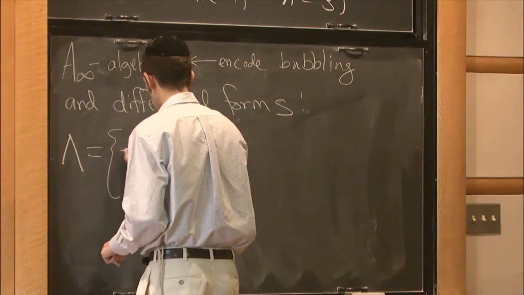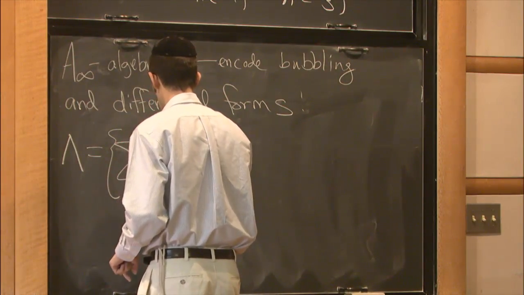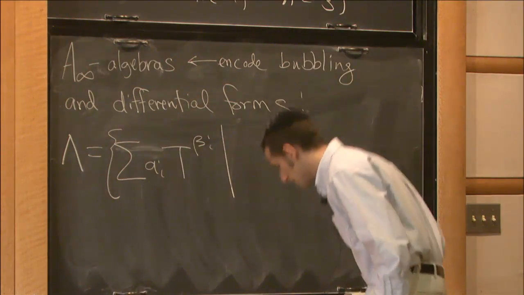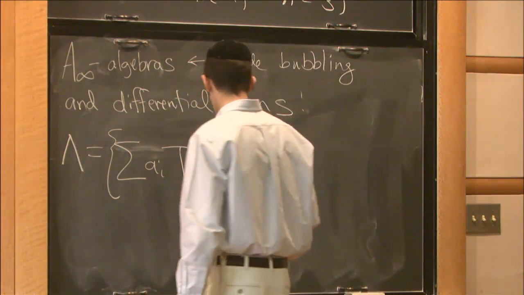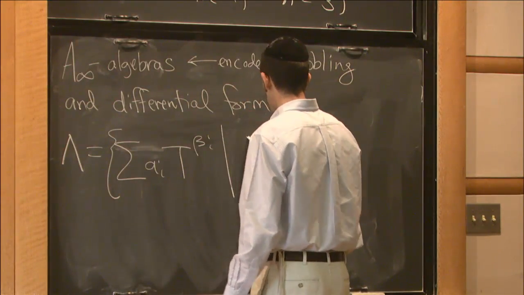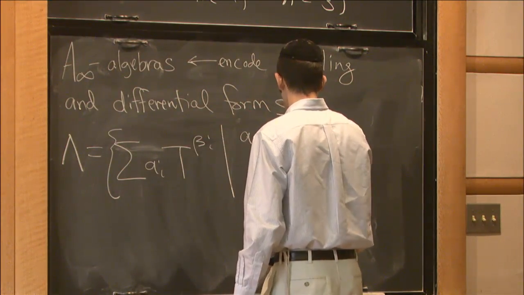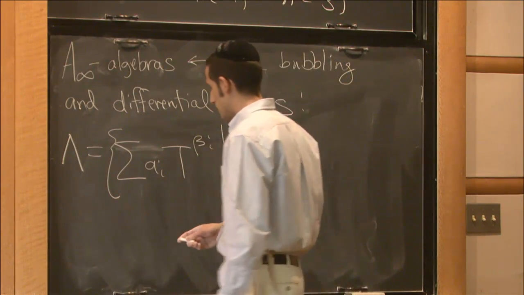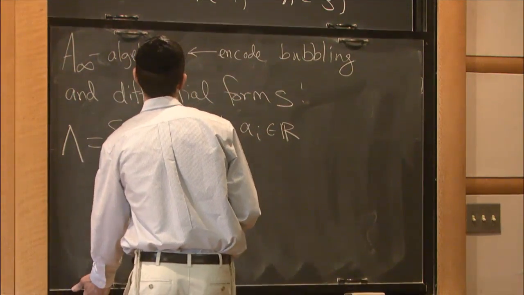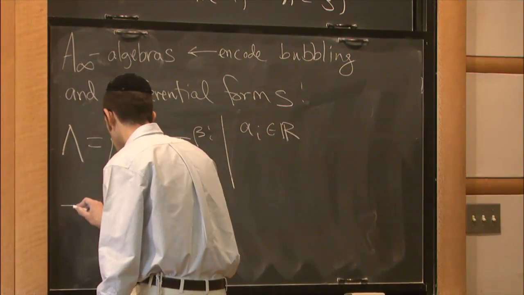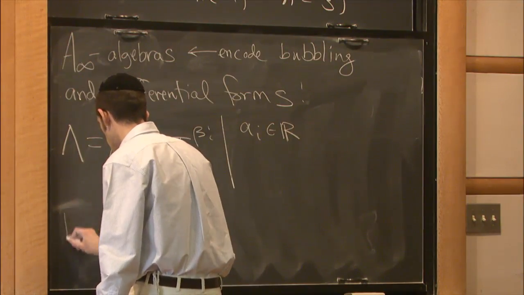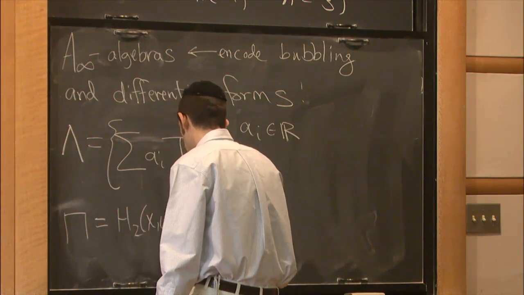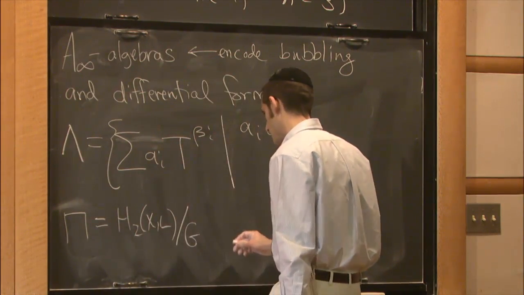This is going to be the set of all formal sums sum of a_i t^(beta_i), where a_i are real numbers, and pi is going to be H_2(X, L) divided by some subgroup G.